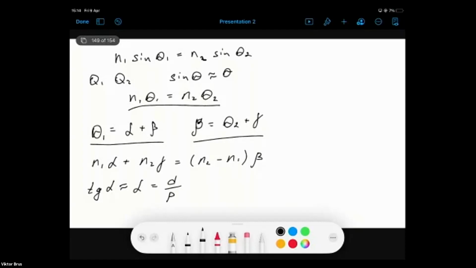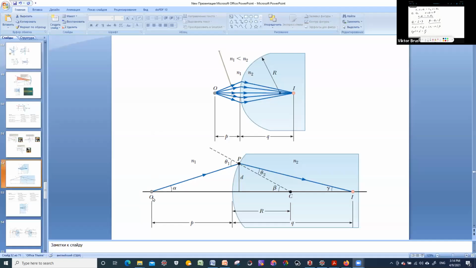If you look at the image, p, again, is the distance, as we discussed earlier, from the object to the interface with some curvature. q is the distance from this interface to the image, and d is the distance from the principal optical axis to the point P, which we consider the point where the refraction is happening.